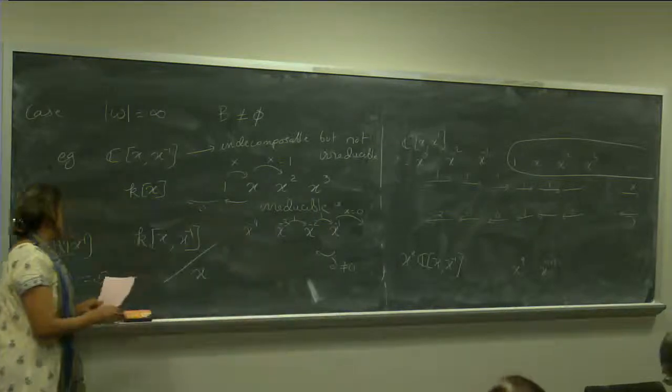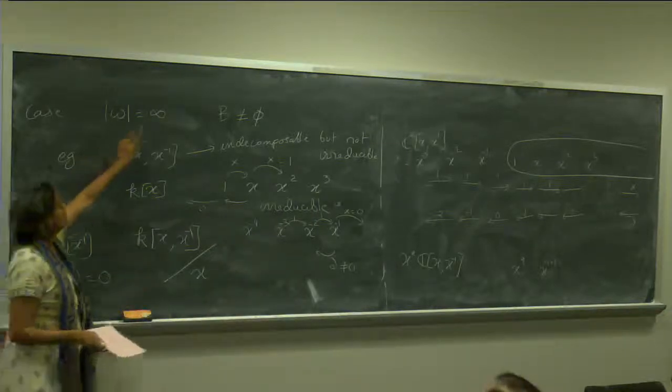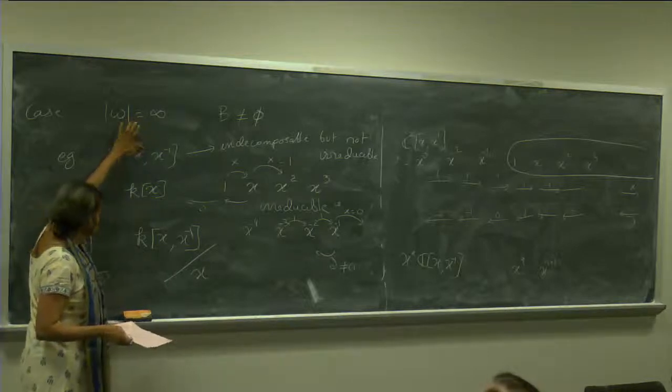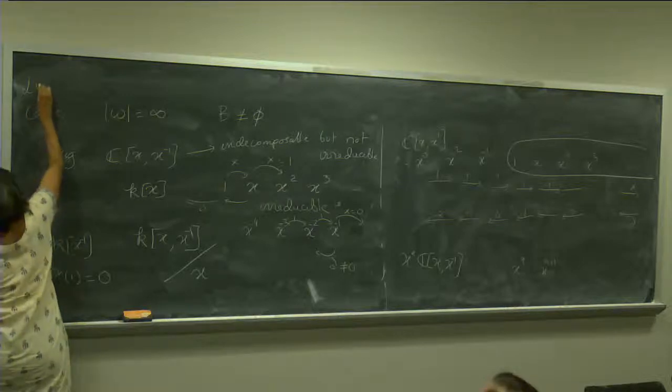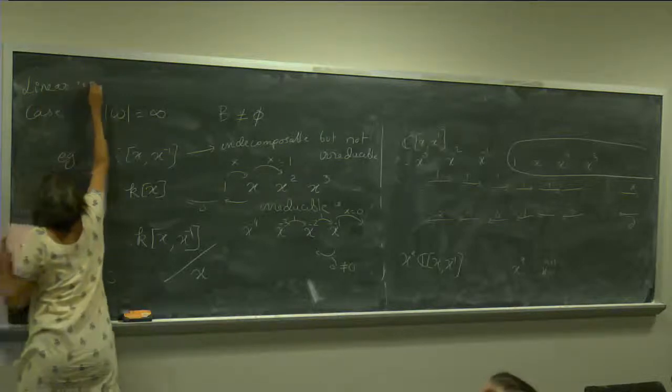So these were examples of infinite orbit. Those are called linear orbits.